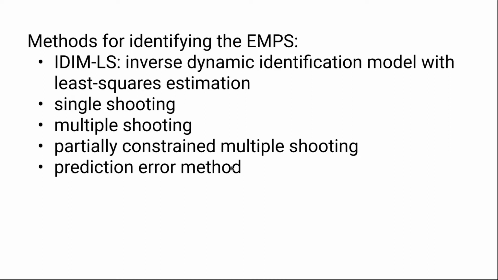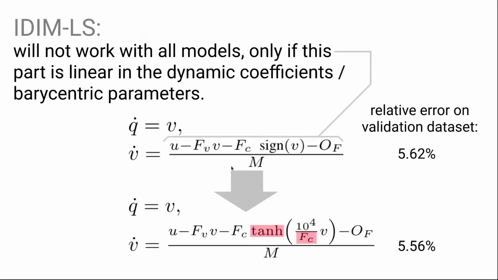There are different methods for identifying the EMPS. The first one is called inverse dynamic identification model with least squares estimation, that's described in the original paper with which the dataset was published.